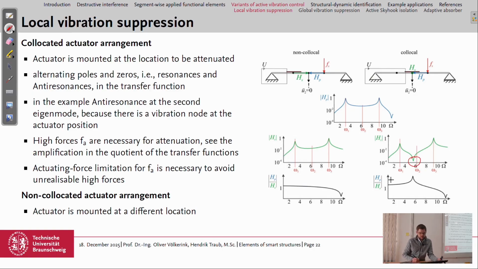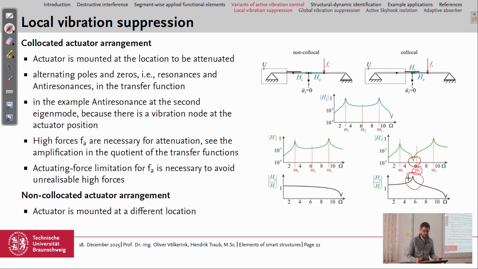And we can see that due to this anti-resonance here, so we are in a node of the eigenmode of the vibration, we have a peak in the fraction of the transfer functions. This means that we need really high forces in this arrangement to calm down the structure at this point for this frequency near the second eigenfrequency.